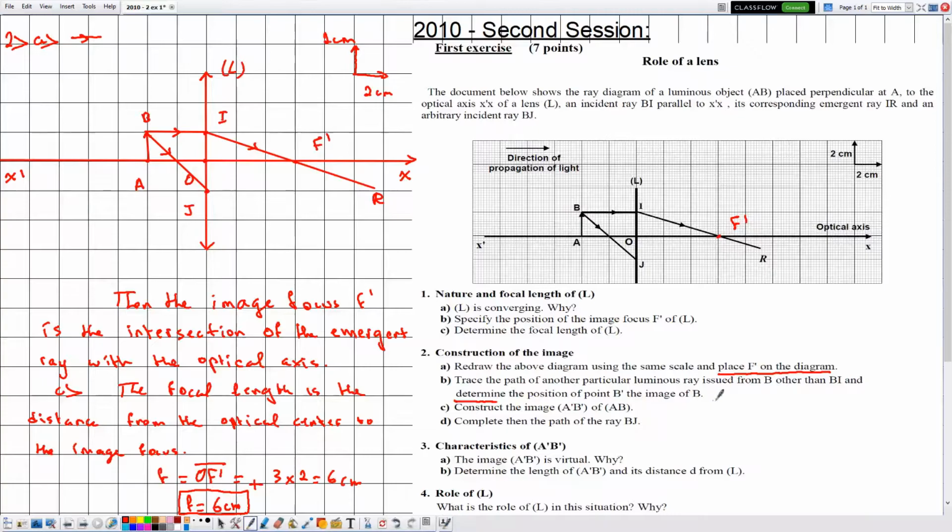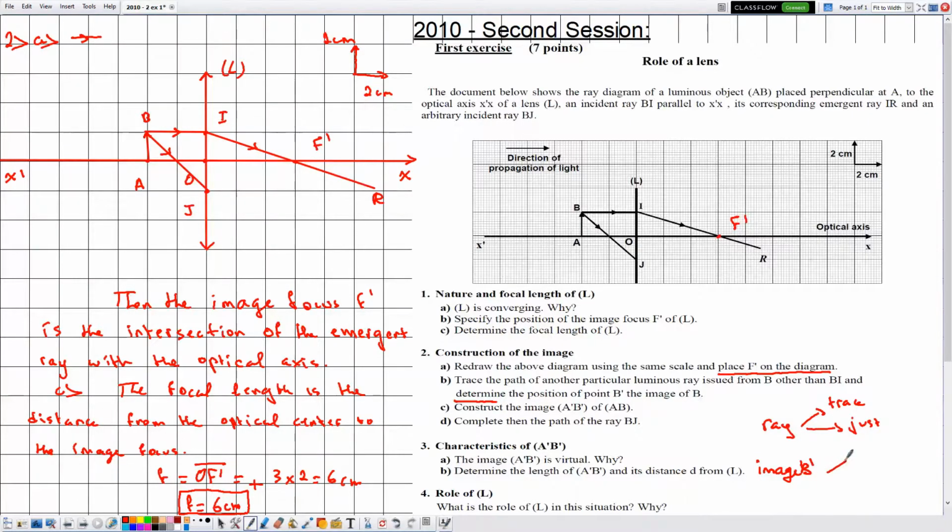So we need to trace the path of another particular luminous ray issued from B other than BI and determine the position of point B prime, which is the image of B. Because they told me to determine, we need to trace and justify. So we need to trace this ray and justify it as well.